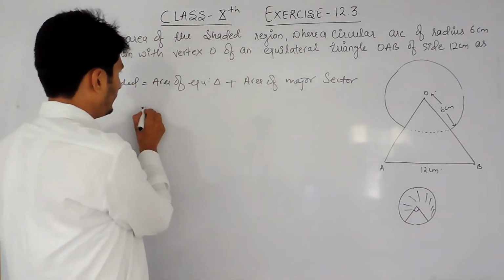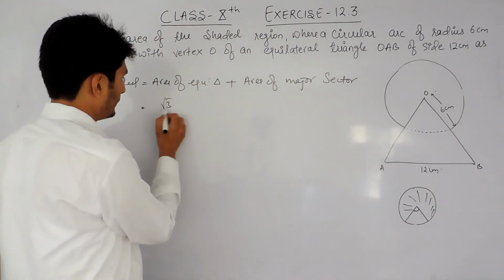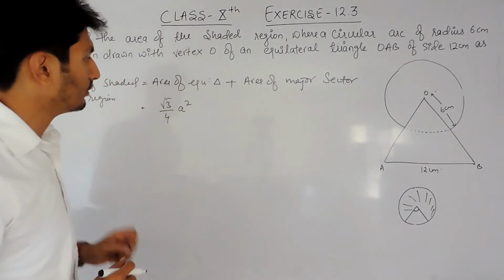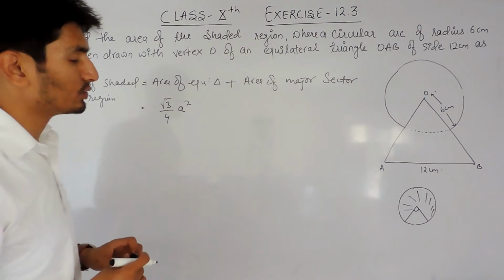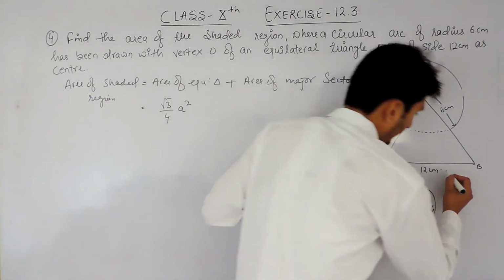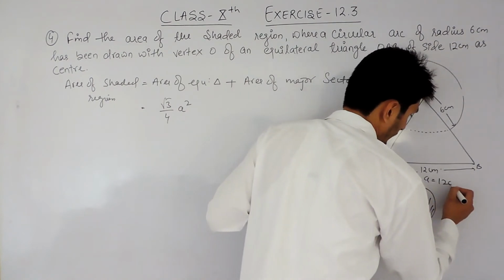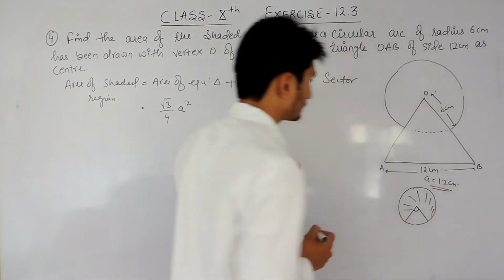Now the area of an equilateral triangle is √3/4 a square, where a is the side of this triangle, which is given to us as 12 cm. The side of this equilateral triangle is given to us as 12 cm.